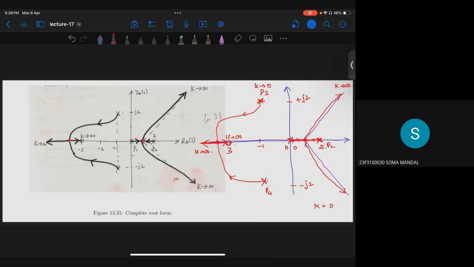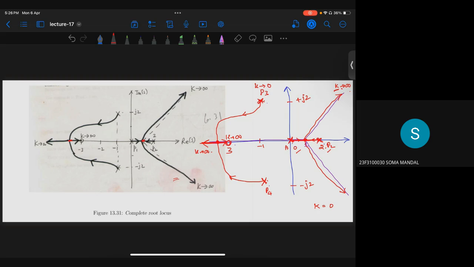But unfortunately, when k is tending to infinity, these poles exist on the RHS only. So the system is always unstable. Correct? Yes, sir. Yeah, with a proportional controller, because k is a proportional controller, the system is always unstable. From here we can decide that.